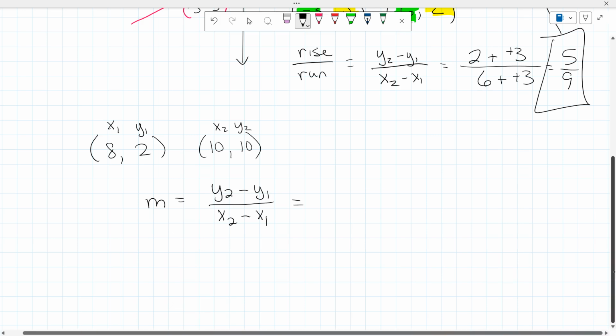So you go y2 minus y1, 10 minus 2 over x2 minus x1, 10 minus 8. What's 10 minus 2? 8. 10 minus 8? 2.